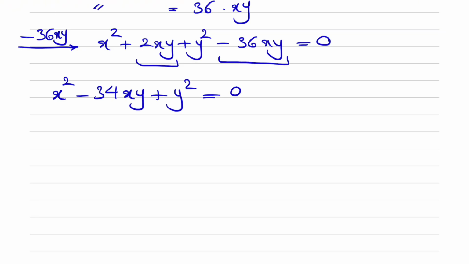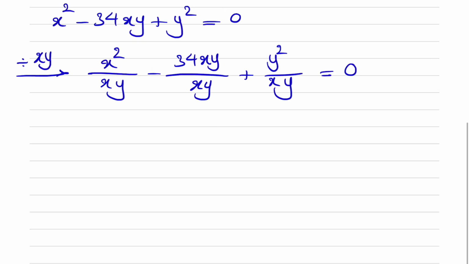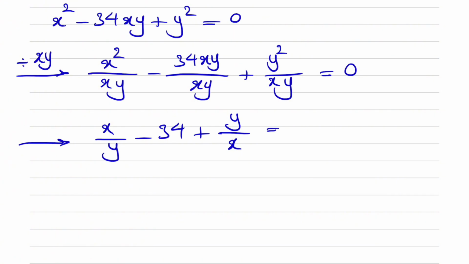And here, if we divide the equation by xy, in order to get rid of the xy, we have x squared over xy minus 34xy over xy plus y squared over xy is equal to 0. So from the first one, we have x over y minus 34 plus y over x is equal to 0.